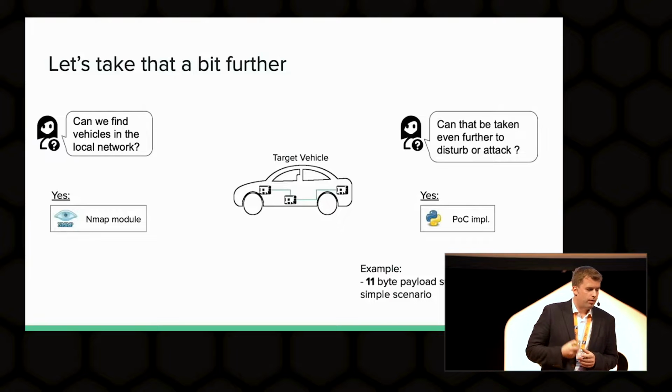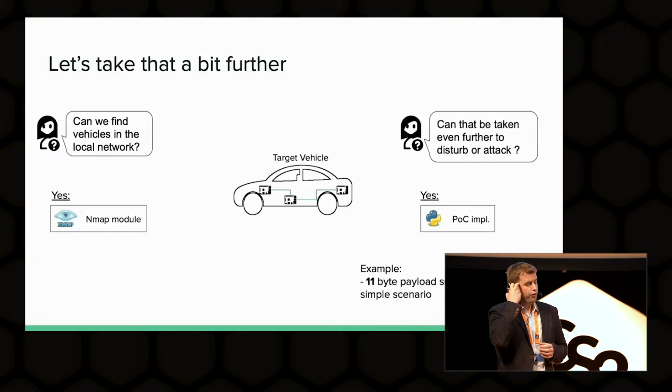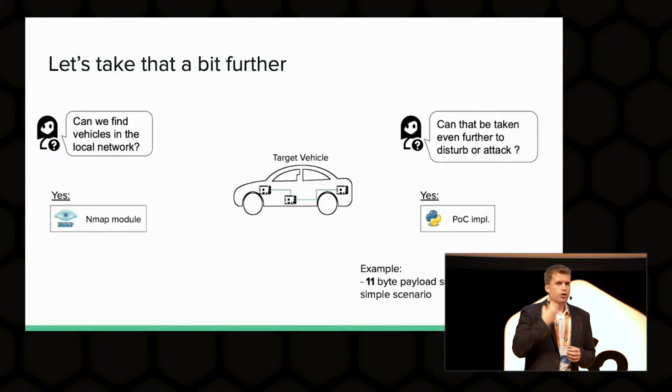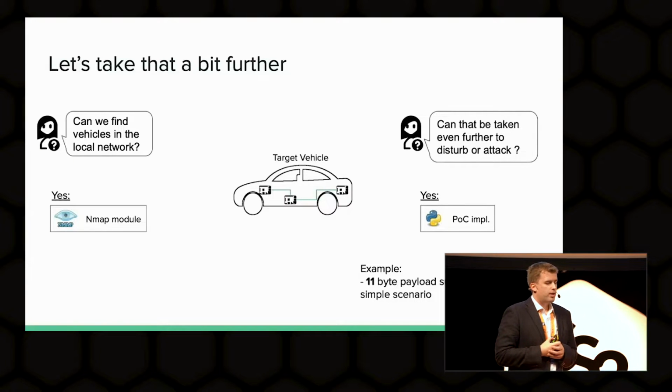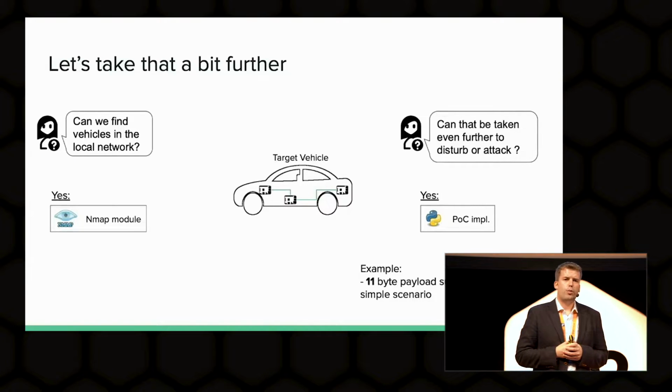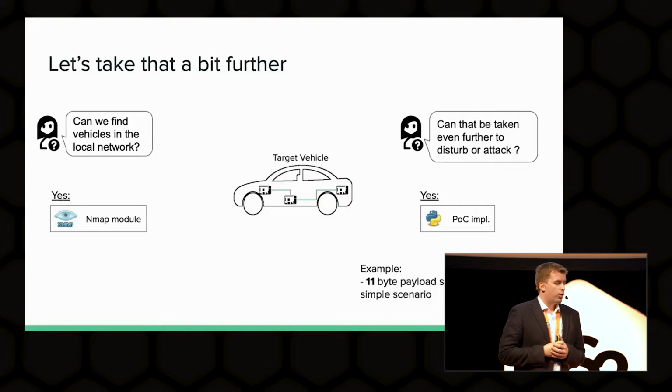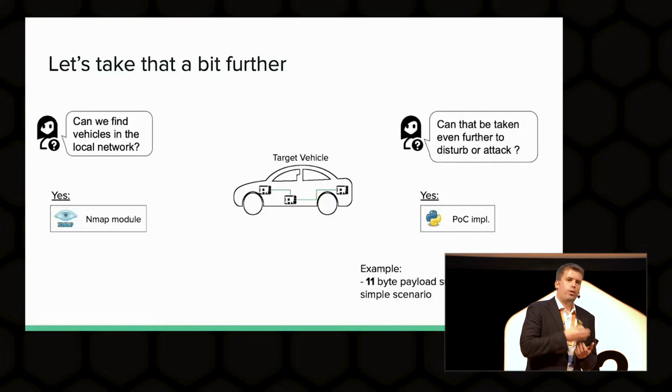So we thought we would take a look at it. Can we take it further? The sort of question we were asking ourselves was, can we find vehicles in a network that we don't know? So we implemented an Nmap module, and we were able to identify vehicles in the network with network port and IP ranges. And after that, we thought, okay, can we take that even further? Can we kind of mess around with the diagnostic equipment or the vehicle?